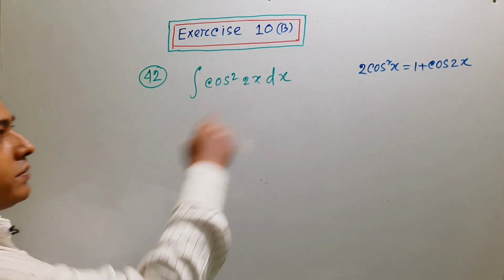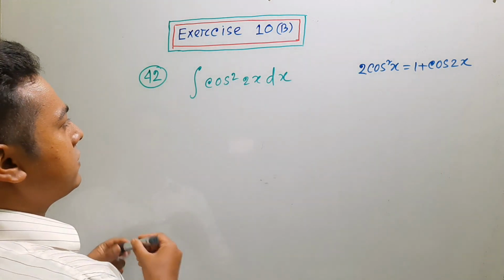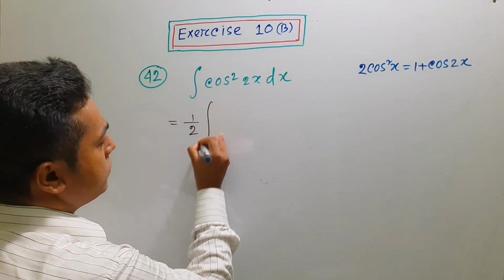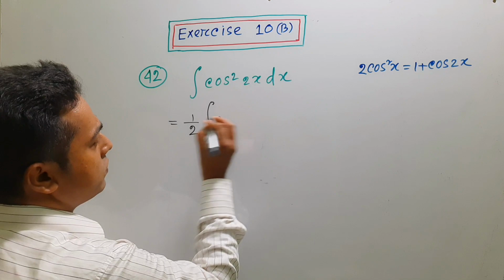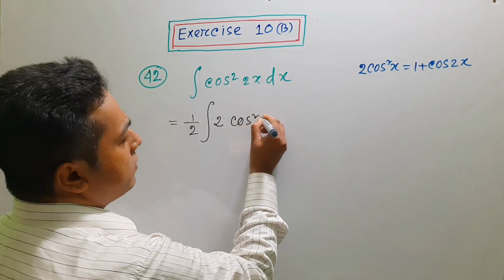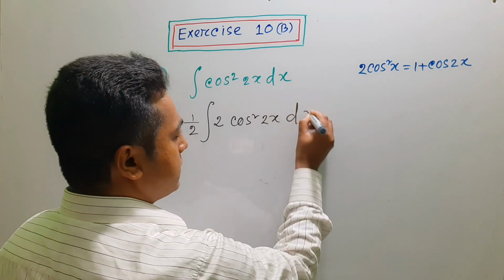Now according to this formula, we can write this integration half into 2, for applying this formula, cos square 2x dx.